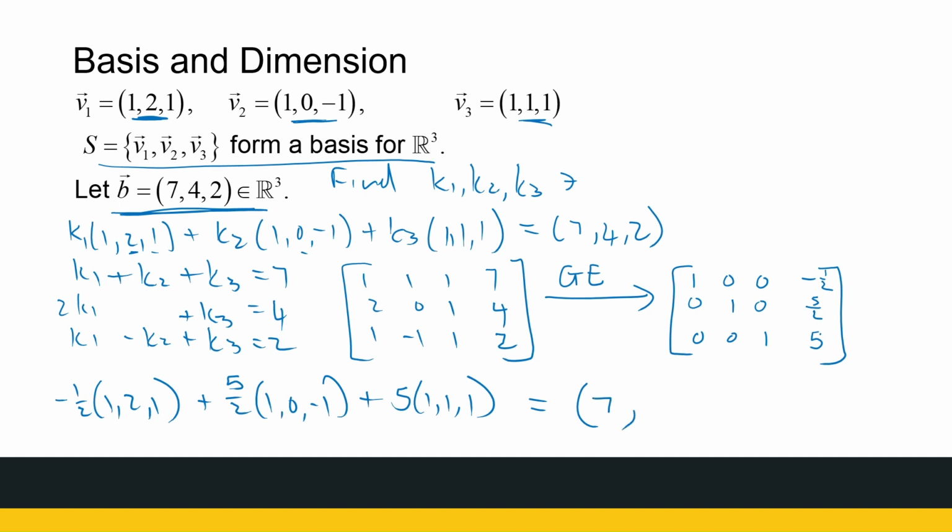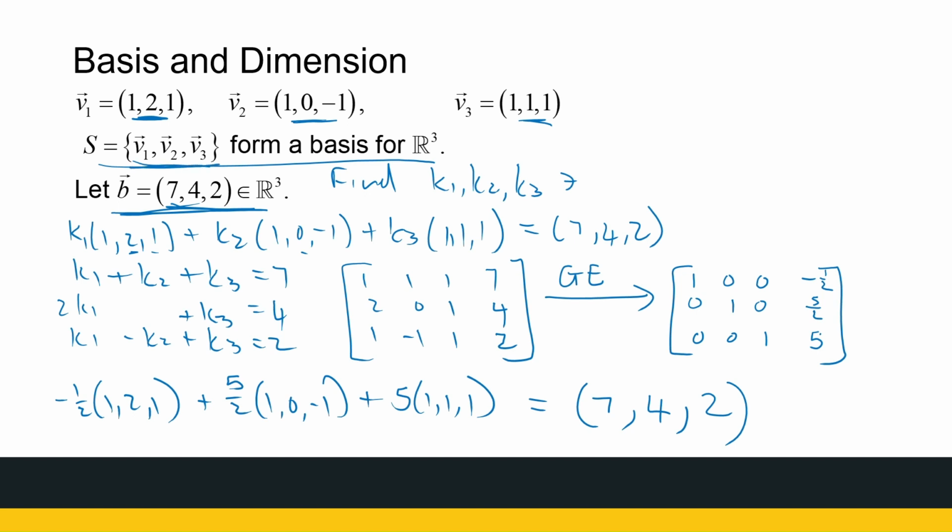So far, so good. Minus 1 plus 0 plus 5 gives me 4. And minus a half minus 5 over 2 gives me minus 6 over 2, so it's minus 3, plus 5 gives me 2. So there we go. We have shown how to write B as a linear combination of elements of S.